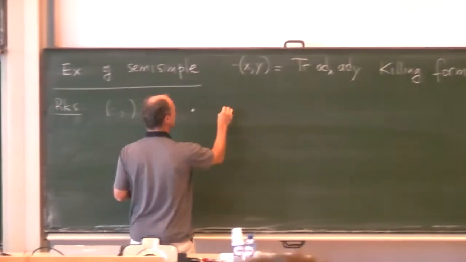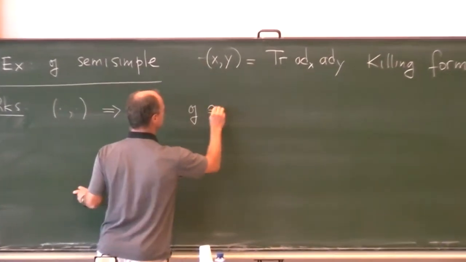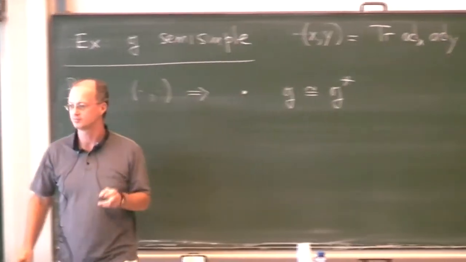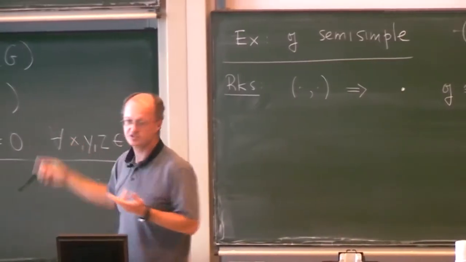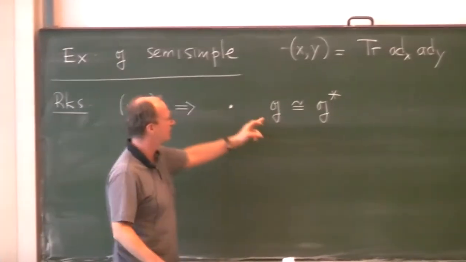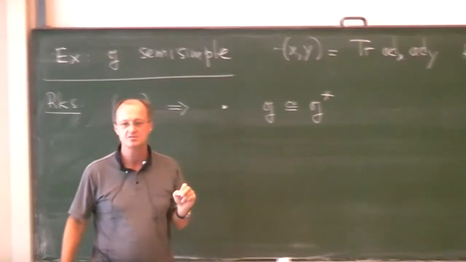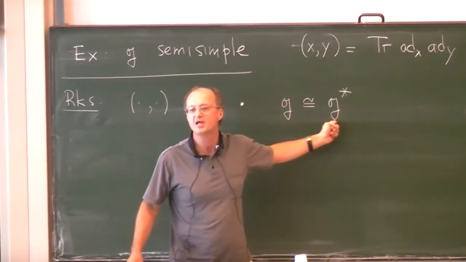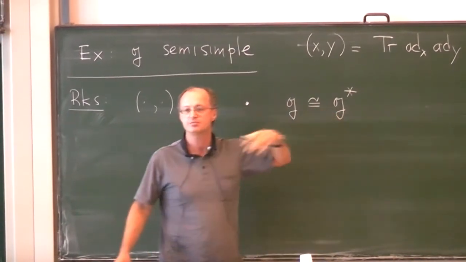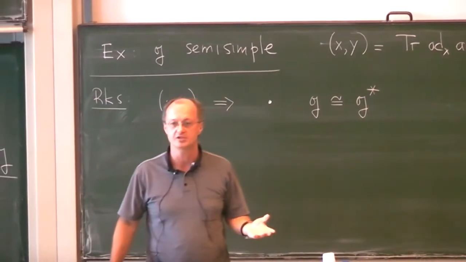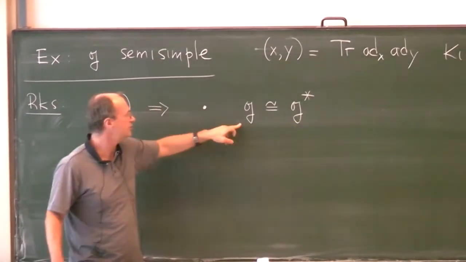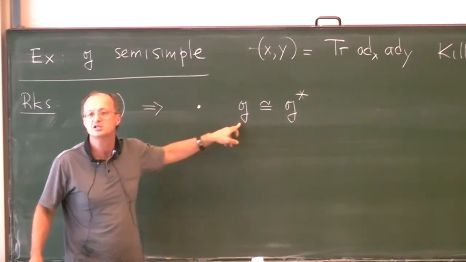One of them is a canonical isomorphism between the Lie algebra and its dual. Once you have the scalar product, you can identify it with its dual space. Now we know that the dual space is a Poisson manifold, and it contains symplectic leaves, the coadjoint orbits. It is convenient to think of those coadjoint orbits as sitting inside the Lie algebra.